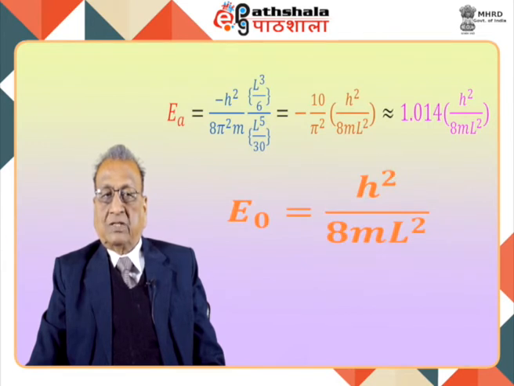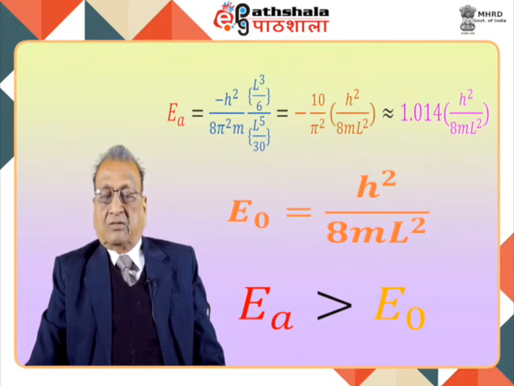One thing we note is that E_A is greater than E0, but the value is not so bad. There is reasonable agreement between the two, and we also obtain the wave function as x times (L minus x).